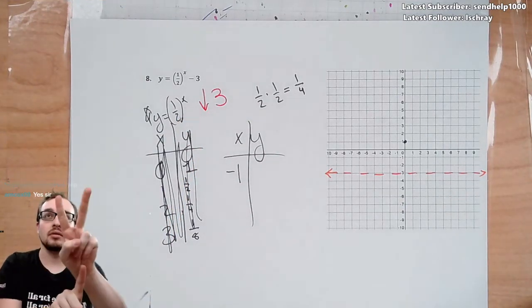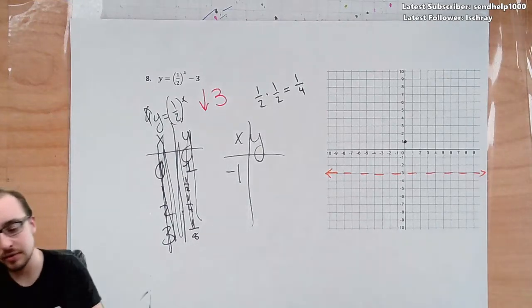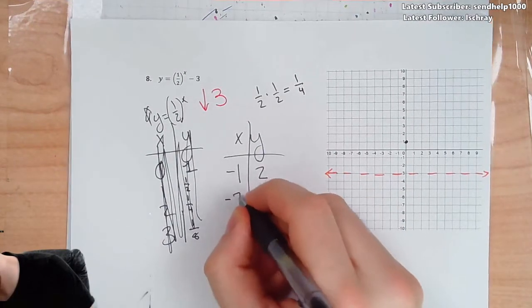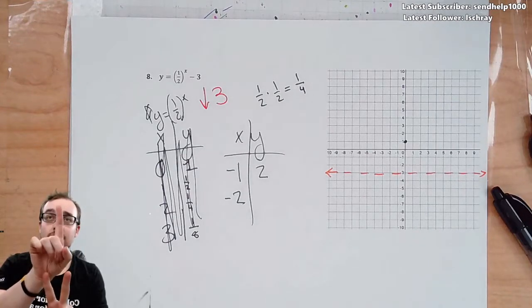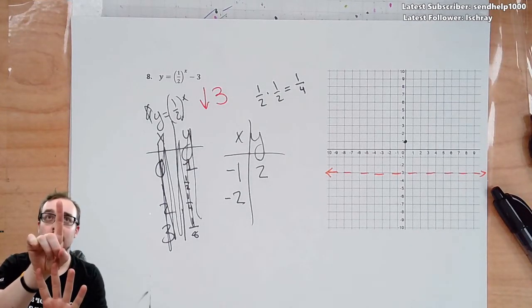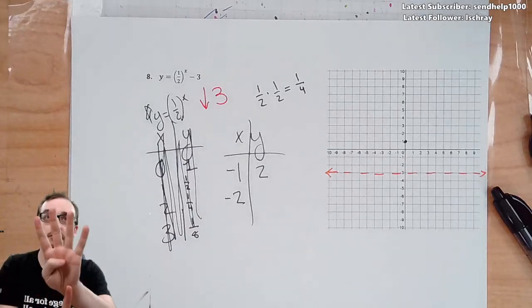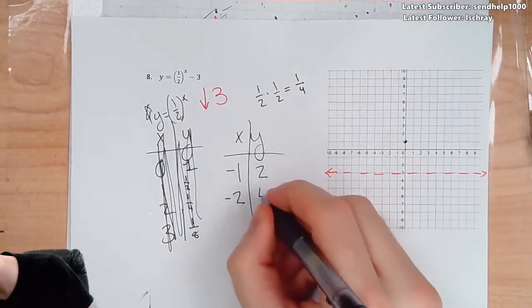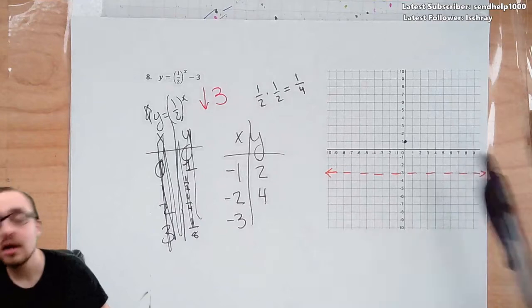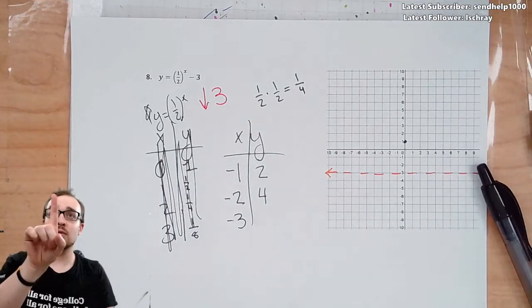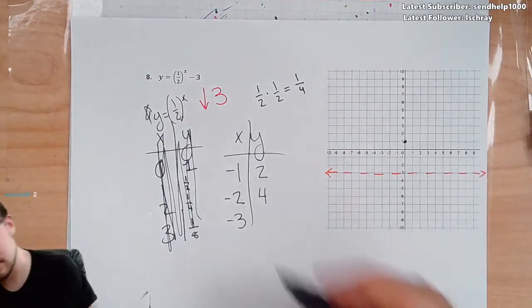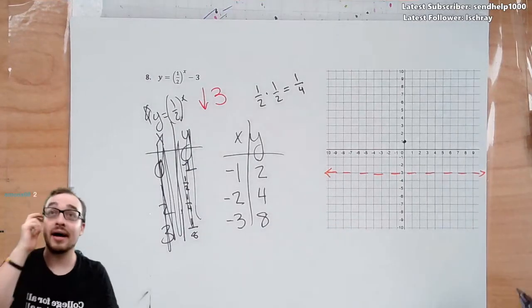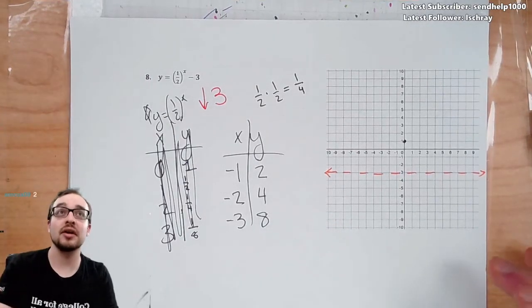But you're going to flip it. 2 over 1, 2. Half to the negative second. It's a half squared. That's a quarter, right? But then we flip it. 4. A half cubed. That's 1 over 8. But we flip it. 8. Ah, those are nicer numbers to deal with, aren't they?